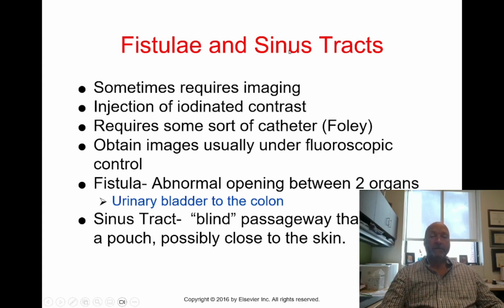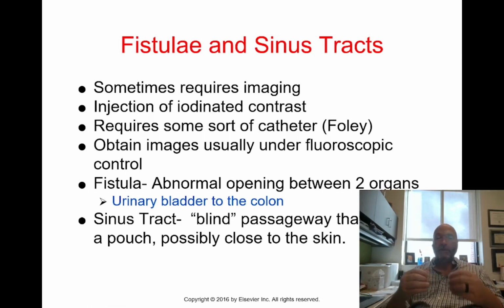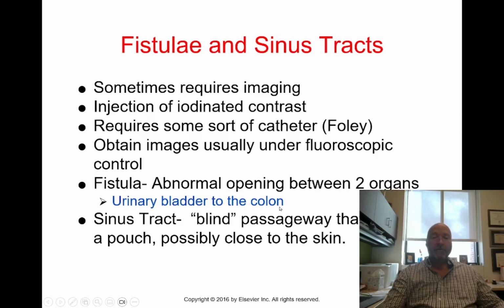Is it a fistula or is it a sinus tract? Well, the difference between the two is a fistula connects two organ systems. An example would be where the urinary tract and the colon have come together and a hole between the two has formed.